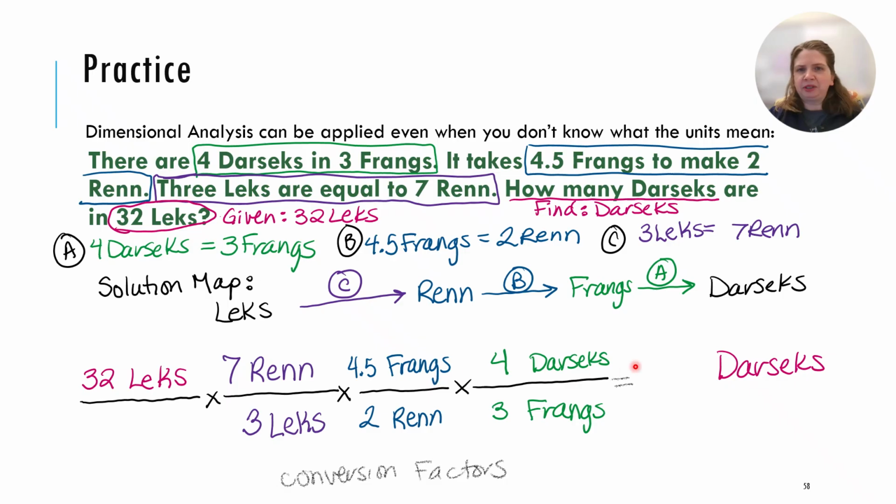Multiply by the numerators and divide by the denominators. Double check that your units cancel before entering this into your calculator. You should get 224 darsecs. Notice that we did not need to know what the units represent, only how they relate to one another.